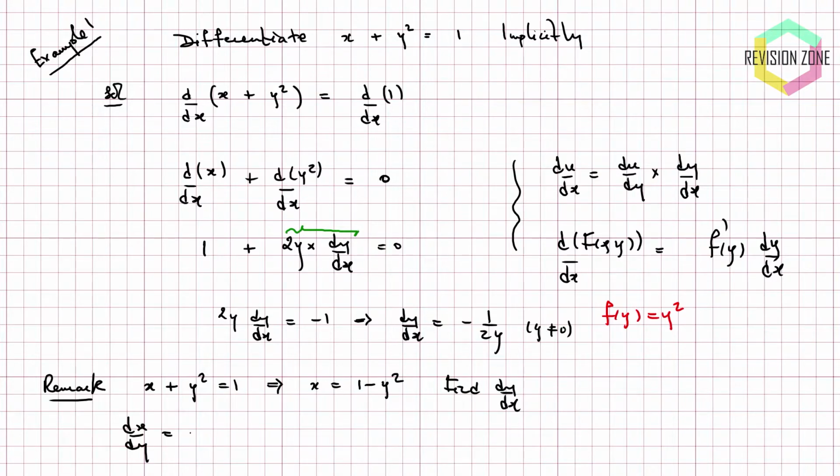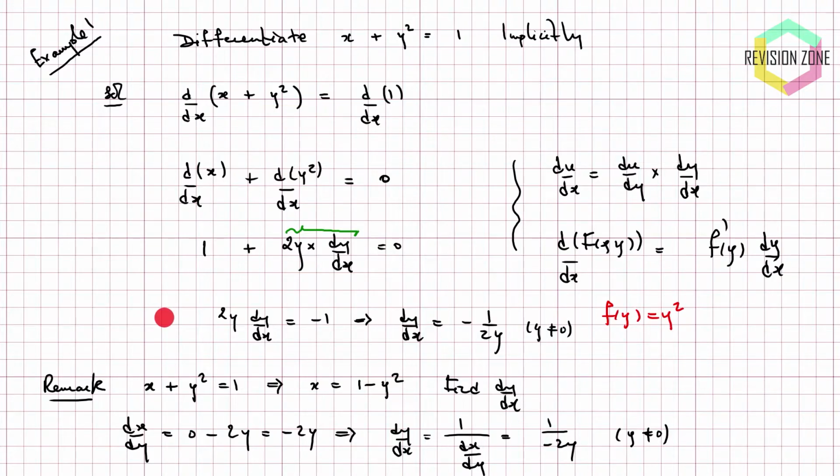Dx by dy is going to give me 0 minus 2y, which is just minus 2y. But then, using a standard result that we've seen lots of times, dy by dx is 1 over dx by dy, which is 1 over minus 2y, where of course y is not 0.